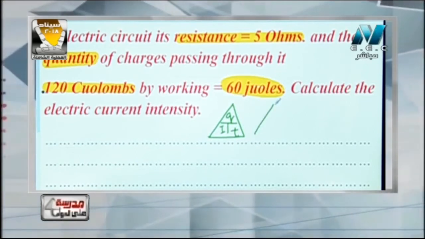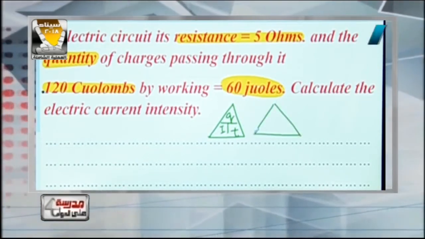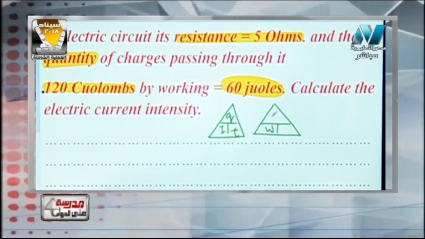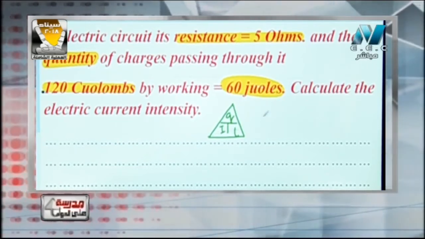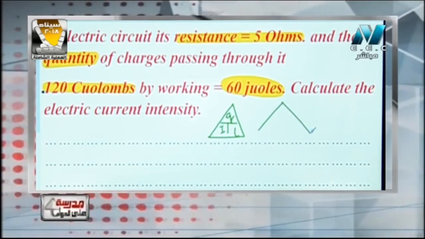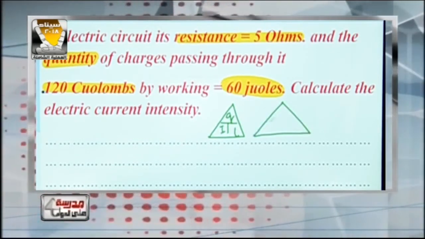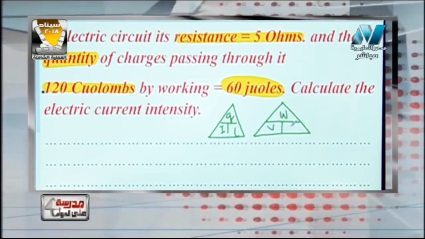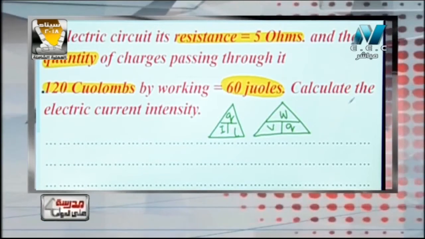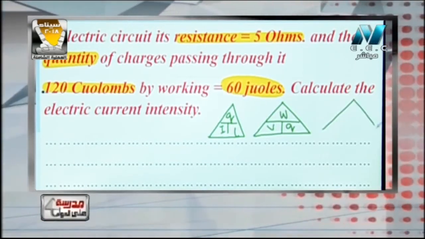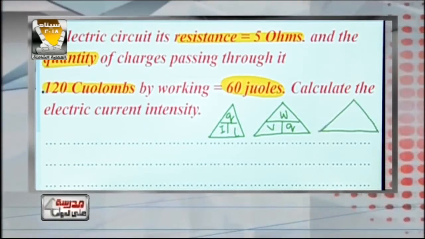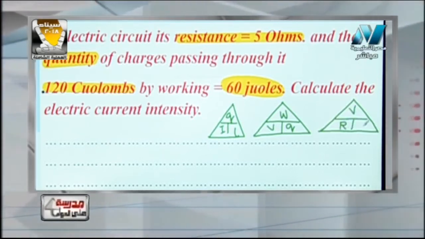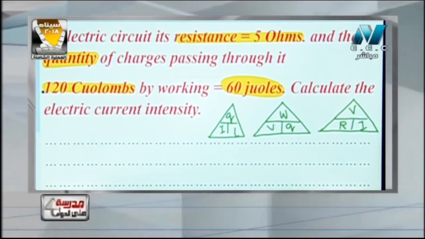Number 2 we have V equal W over Q. And the third one, as a last triangle, R resistance equal V potential difference over I electric current intensity.